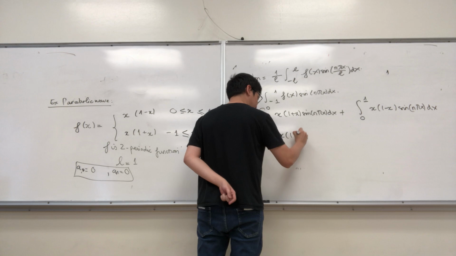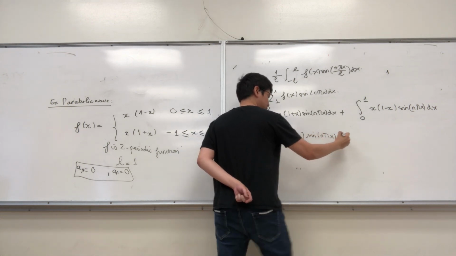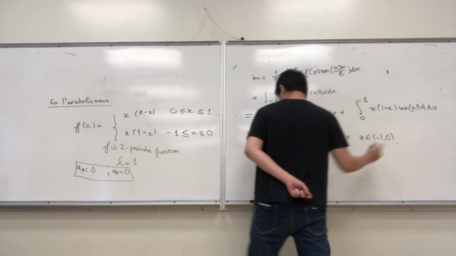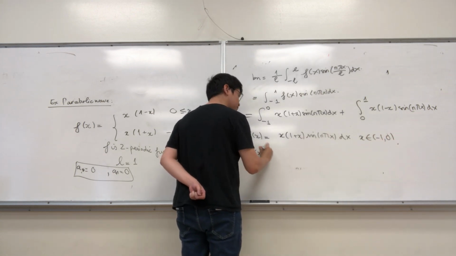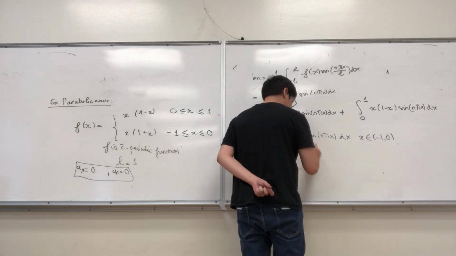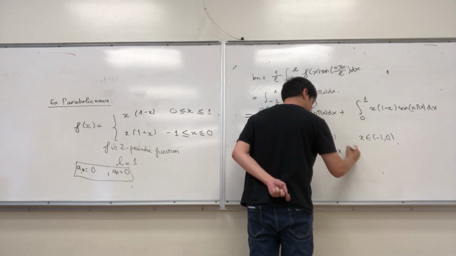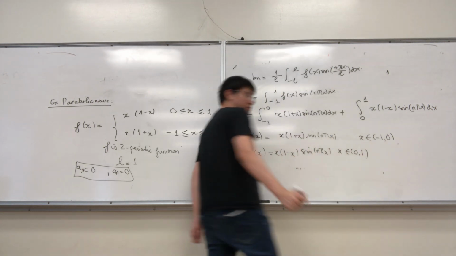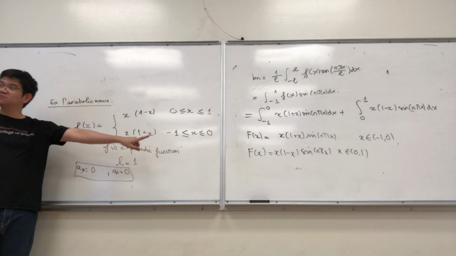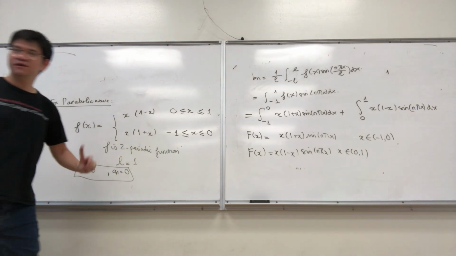It's x, 1 plus x, sine of n pi x when x is going from -1 to 0. And f(x) will be x, 1 minus x, sine of n pi x, when x is from 0 to 1. We know that the previous one is odd, so this one has to be even. We don't check and we know that. Now we're going to prove it.